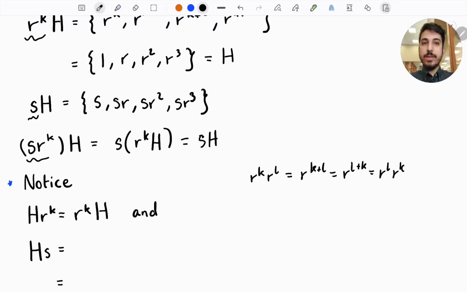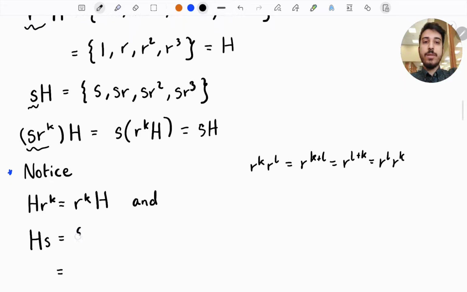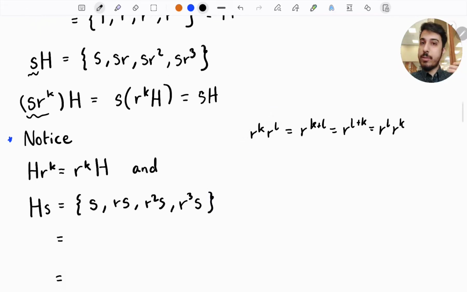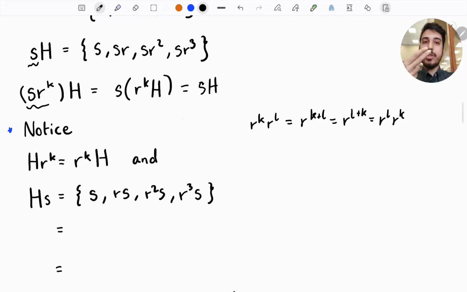And what about HS? Okay, HS, what does it look like? So we multiply the elements of H by S from the right. So it's going to be S times RS times R square S times R cube S. But we know from properties that we've seen in dihedral groups that we can switch the order in which we multiply R and S, provided that we revert the sign of R. So this equals S, SR minus 1, SR minus 2, and SR minus 3.